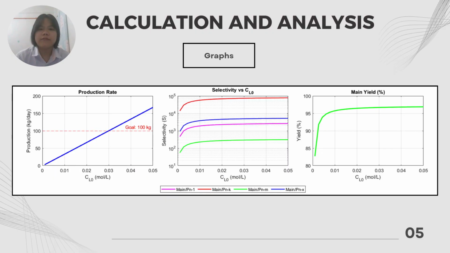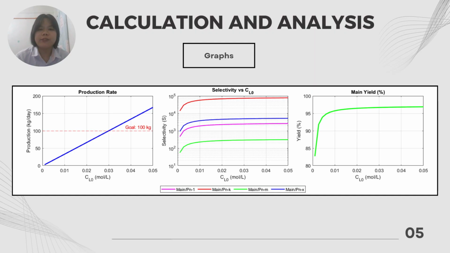The first graph shows production rate versus initial concentration, which has a linear relationship. At an initial concentration of 0.03 mol per liter, the production rate achieves 100 kg per day of PLA. Next, the second graph shows selectivity versus initial concentration, where higher concentration generally improves the selectivity of the main product over the side product.